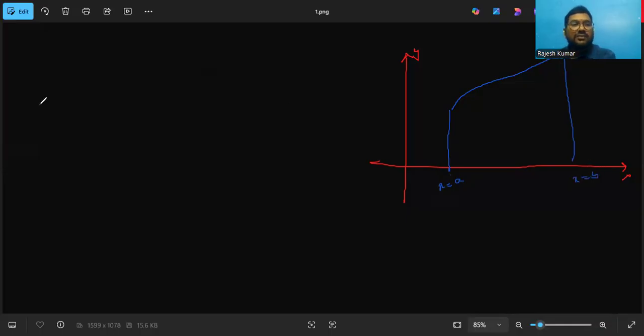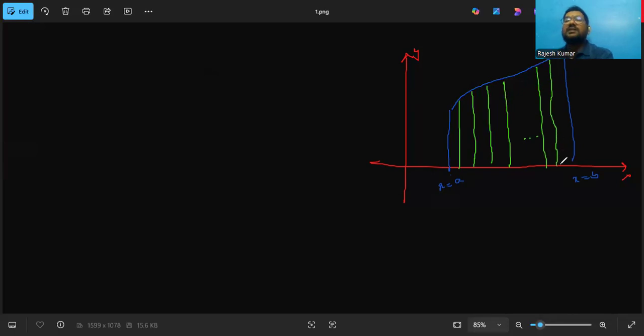As I mentioned before, I need to divide it into a certain number of rectangles, 1, 2, 3, 4, and so on. Let it be n number of rectangles, and I need to mention it is of equal width.